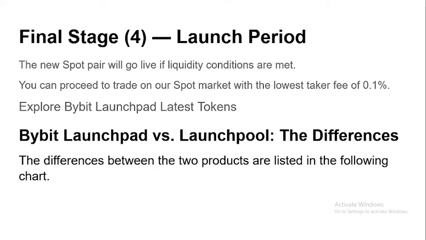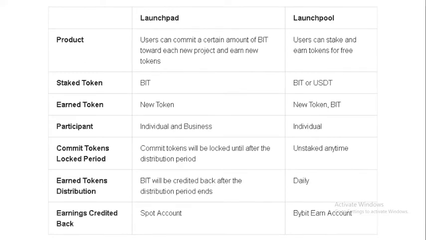So, Bybit Launchpad versus Launchpool, the differences. The differences here are listed in the following chart. For the product, in Launchpad, users can commit a certain amount of BIT toward each new project and earn new tokens. In Launchpool, users can stake and earn tokens for free. The share token for Launchpad is BIT, for Launchpool it is BIT or USDT. The reward token is the new token for Launchpad, and for Launchpool a new token or BIT.